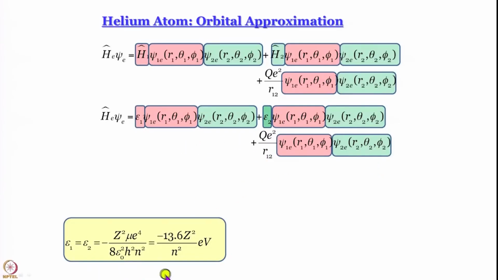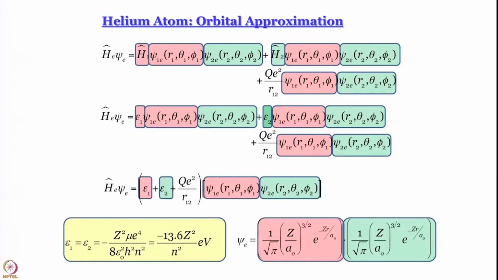Epsilon 1 and epsilon 2 actually have the same value, minus 13.6 Z square by n square eV, the same energy as that of the 1s electron of hydrogen. Why do we get it? Because we are operating a 1-electron Hamiltonian on a 1-electron wave function. Whether we write 1 or 2, how does it matter?